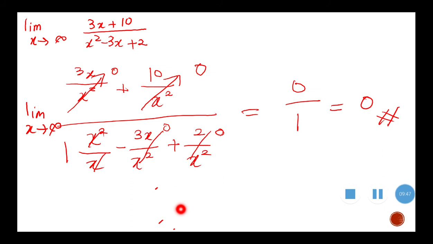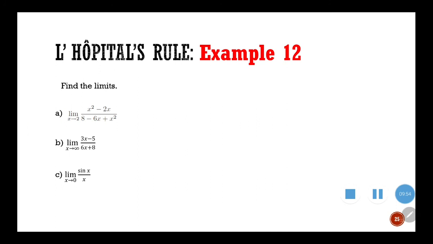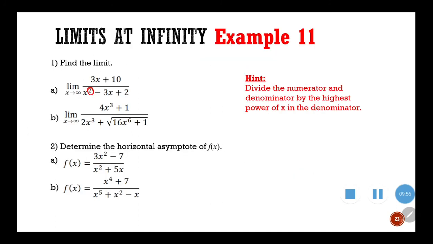Okay, let's look at another example. For B here, let's recap again. Divide the numerator and denominator by the highest power of x in the denominator. So the highest power of x here is x to the power of 3. Okay, let's try to solve it, guys.